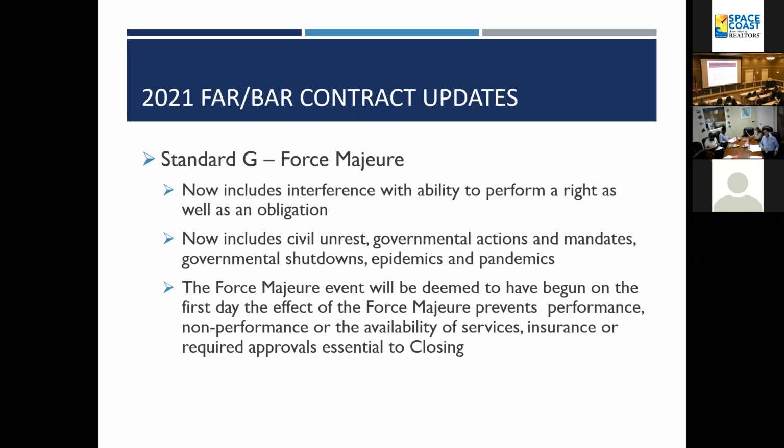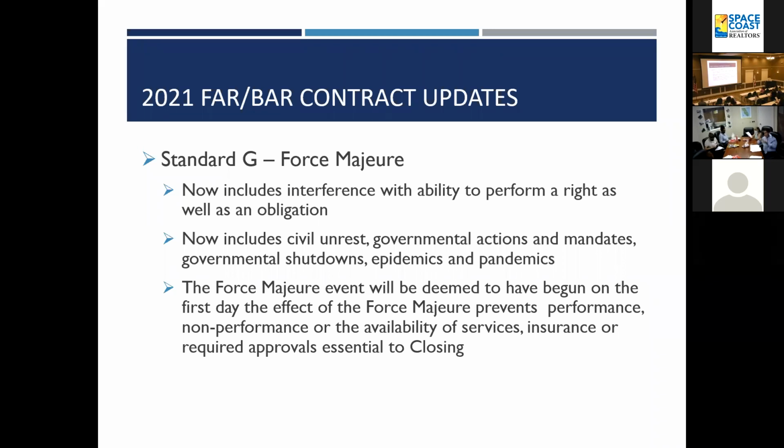It starts on the first day that you're prevented from doing whatever it is you were supposed to do. So the example given in the literature here is if you have a hurricane, before the hurricane hits, you can't get insurance because it's in the box. So that's preventing you from doing whatever you need to do, right? So that's just an example of it starts when you can't do something you needed to do.